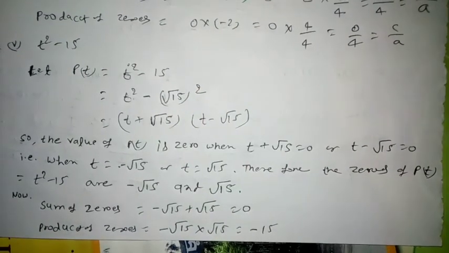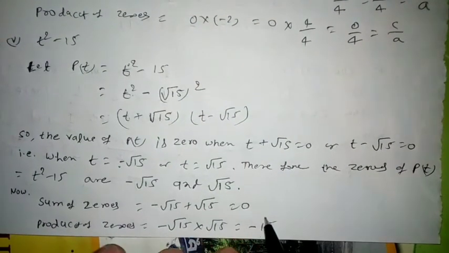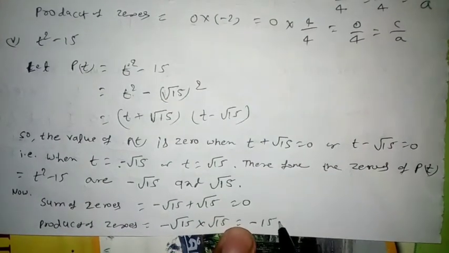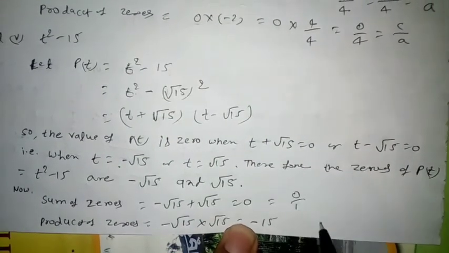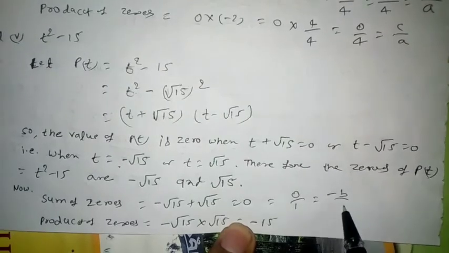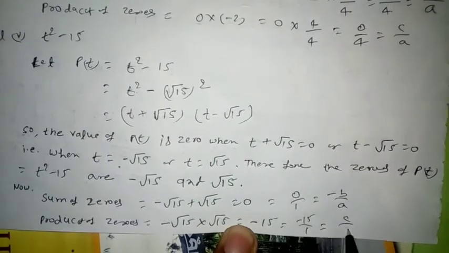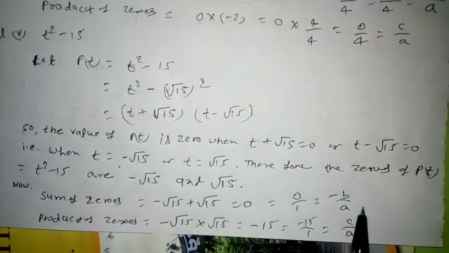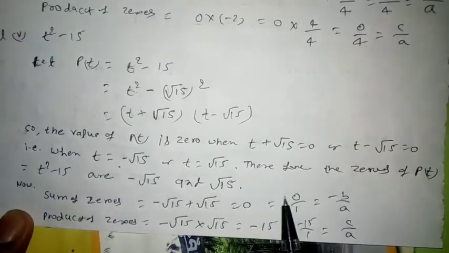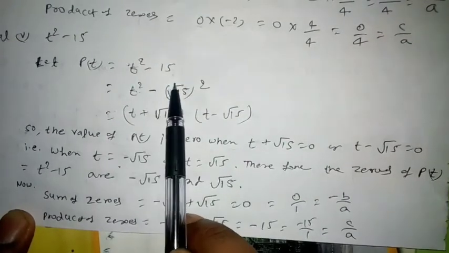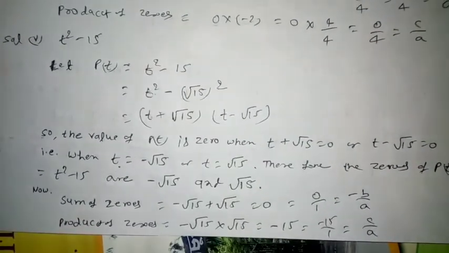Okay, now 0 by 1 is equal to minus b by a. Here minus 15 by 1 is equal to c by a. A is 1, b is equal to 0 and c is equal to minus 15. Okay, now solution 6.